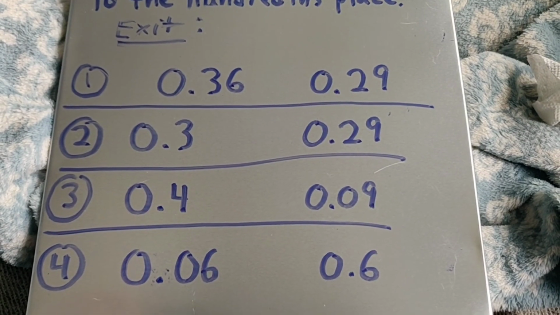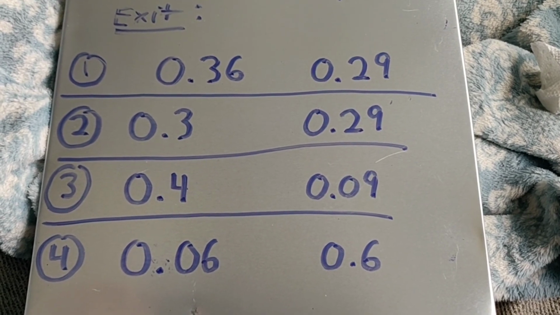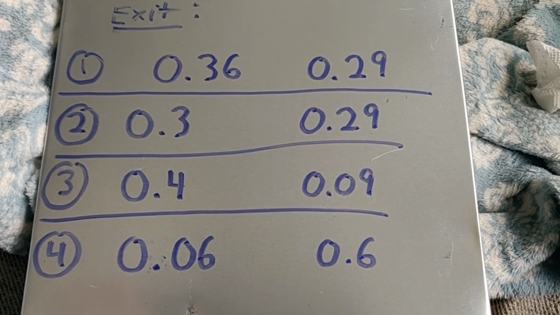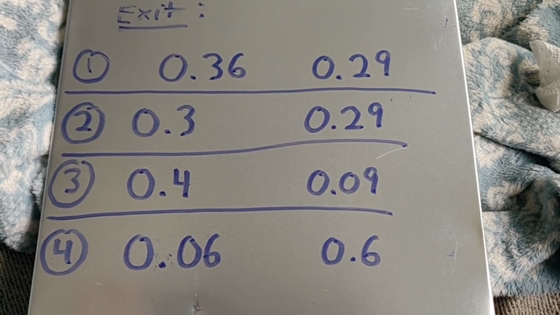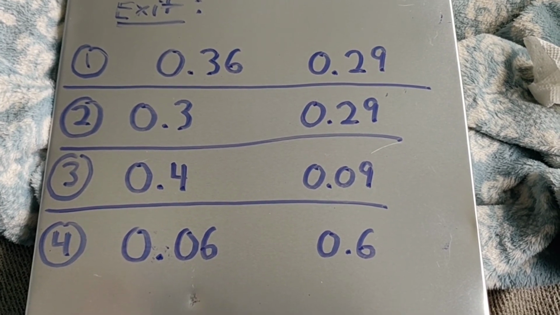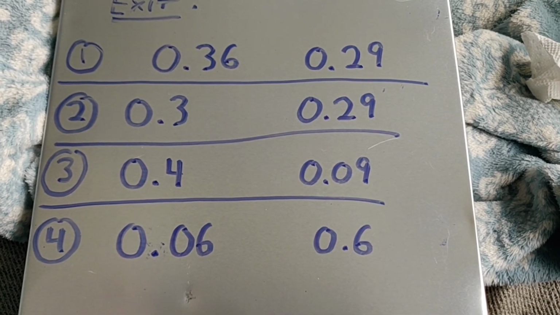Okay, so your exit ticket for today is going to be to do the following 4 problems. Compare 0.36 and 0.29, then compare 0.3 and 0.29, then compare 0.4 and 0.09, and then compare 0.06 and 0.6.